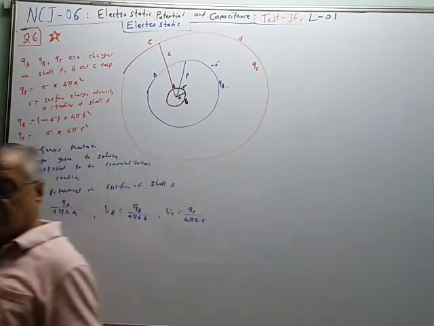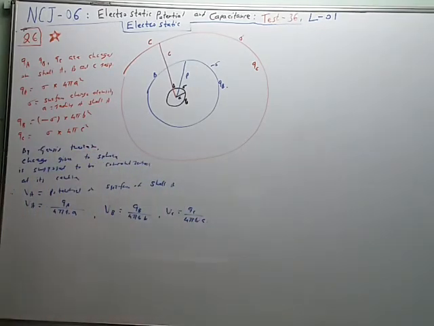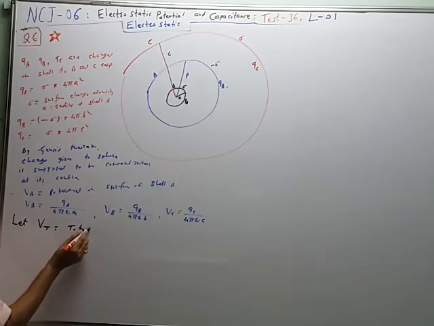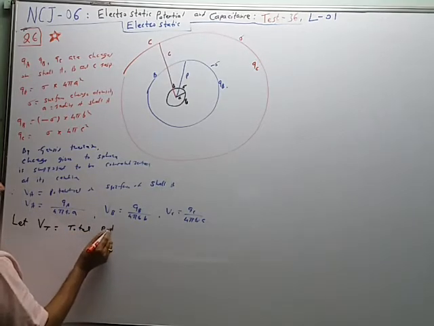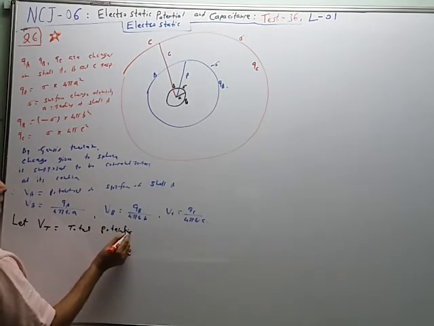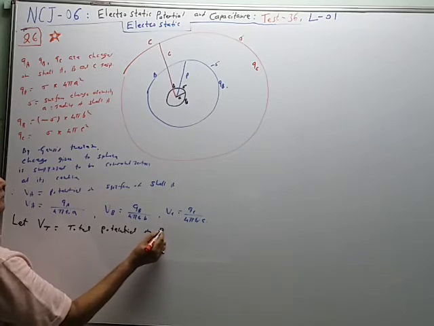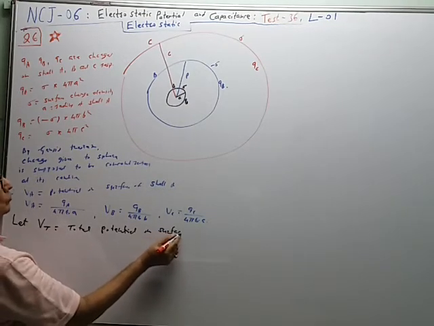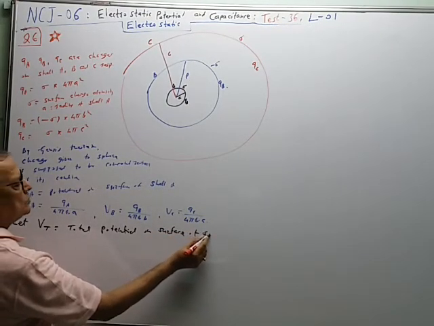The total potential on the surface of sphere A. It is due to all three potentials. Let Vt be equal to the total potential on the surface of sphere A.